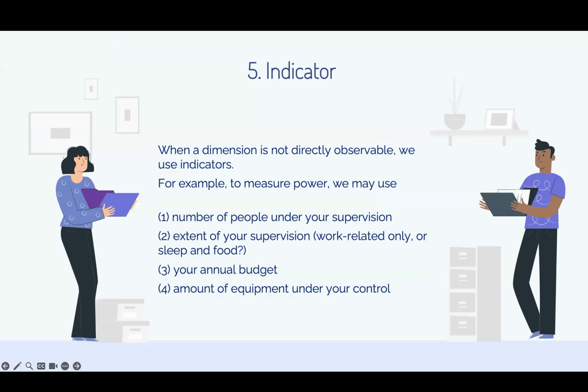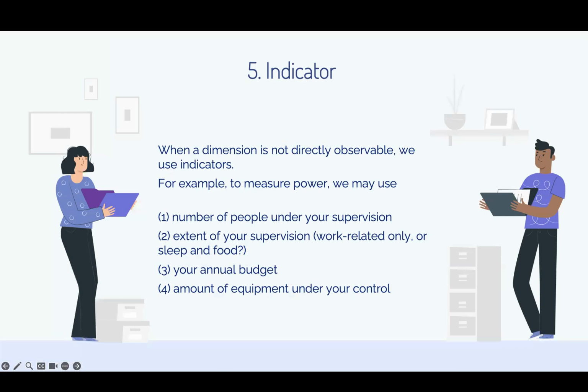Second, your annual budget may reflect your influence within the organization, with larger budgets implying greater power. Another example is the amount of equipment under your control, suggesting a level of responsibility and decision-making power.